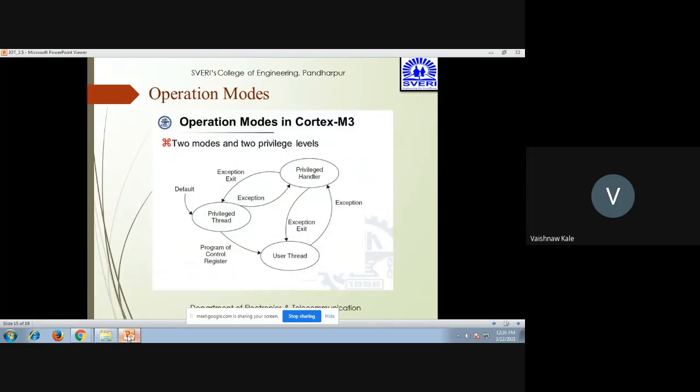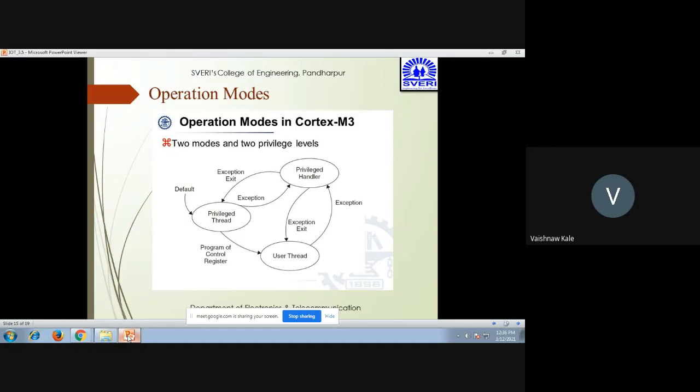So these are the two modes and two privilege levels. You can see there is a privileged thread, a privileged handler and a user thread. By default, it will be the privileged thread. As soon as an exception occurs, it goes from the privileged thread to the privileged handler, and when the exception exits, it comes back from the privileged handler to the privileged thread.